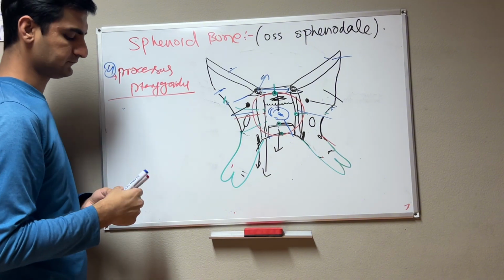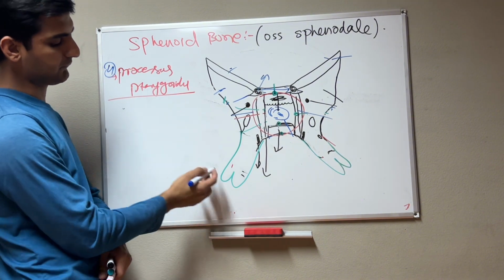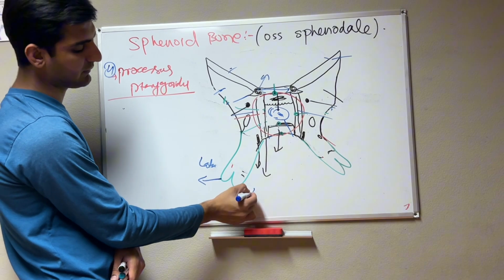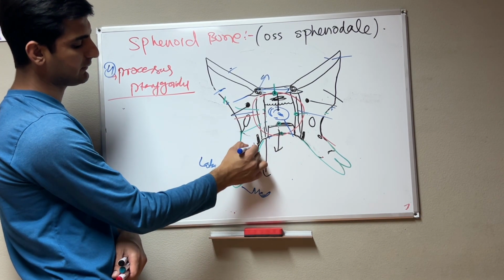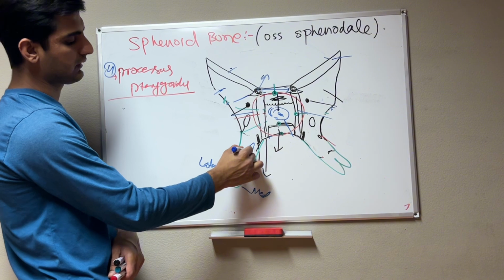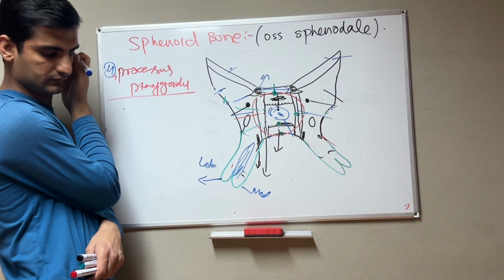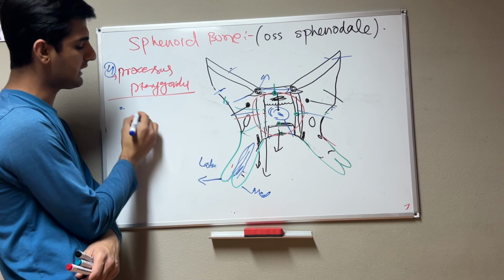Which formations do we have? This is located laterally, this medially, and between them we have the fossa area.